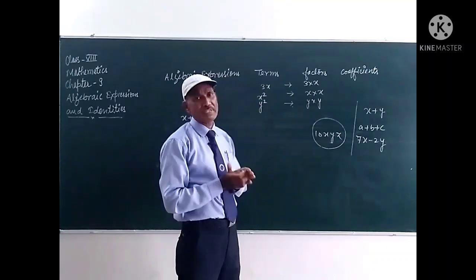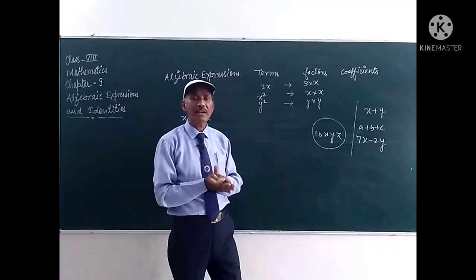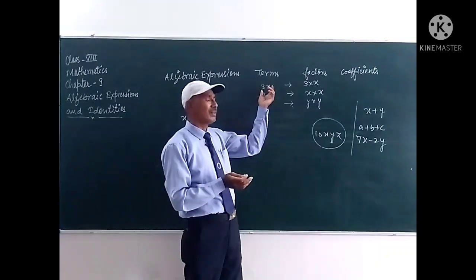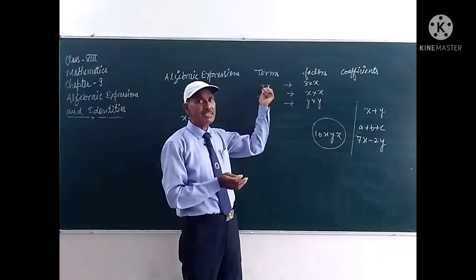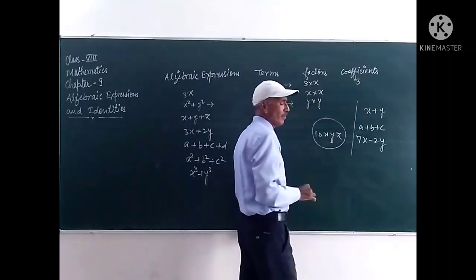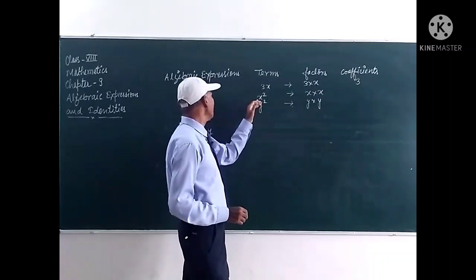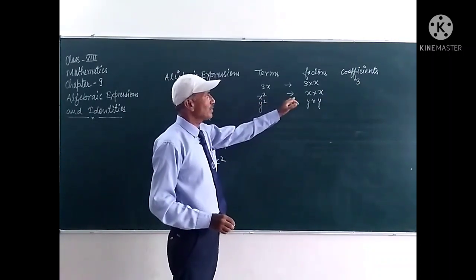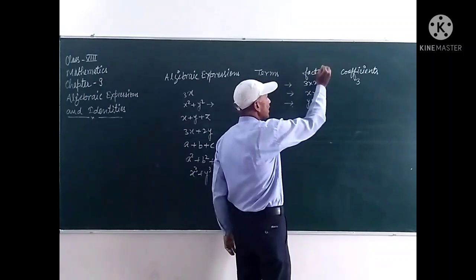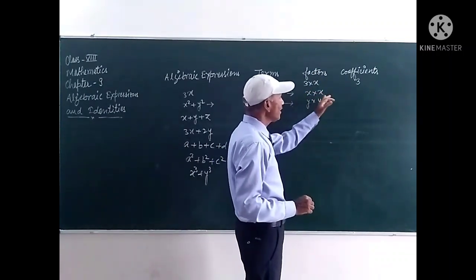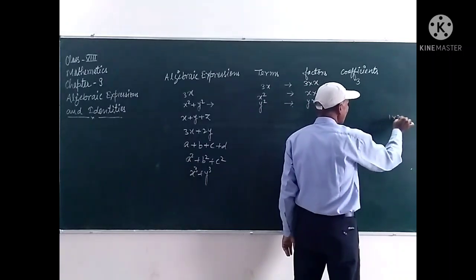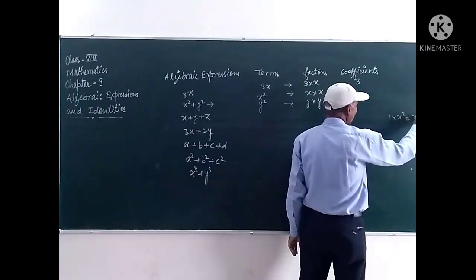Now what are the coefficients? Coefficients are the numerical value of the term, student. In this term 3x, 3 is the coefficient. So the coefficient of this term is 3. And the coefficient of this term, x square, whose factors are x into x, means 1 into x square is equal to x square.